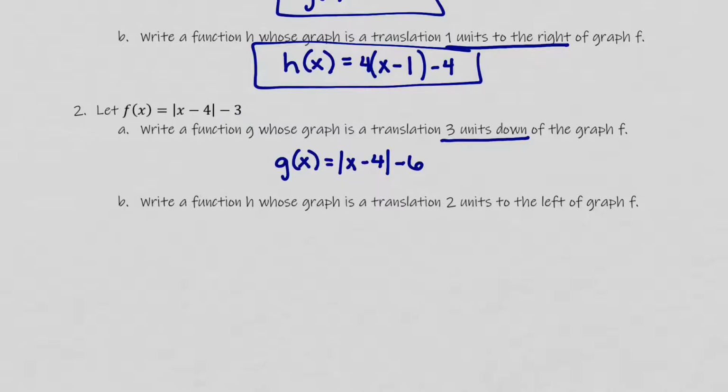And then for b, we're going to write a function h. And this says 2 units to the left. So if I write this equation out again, left and right is grouped with x. So I know I'm going to do something to this number right here.